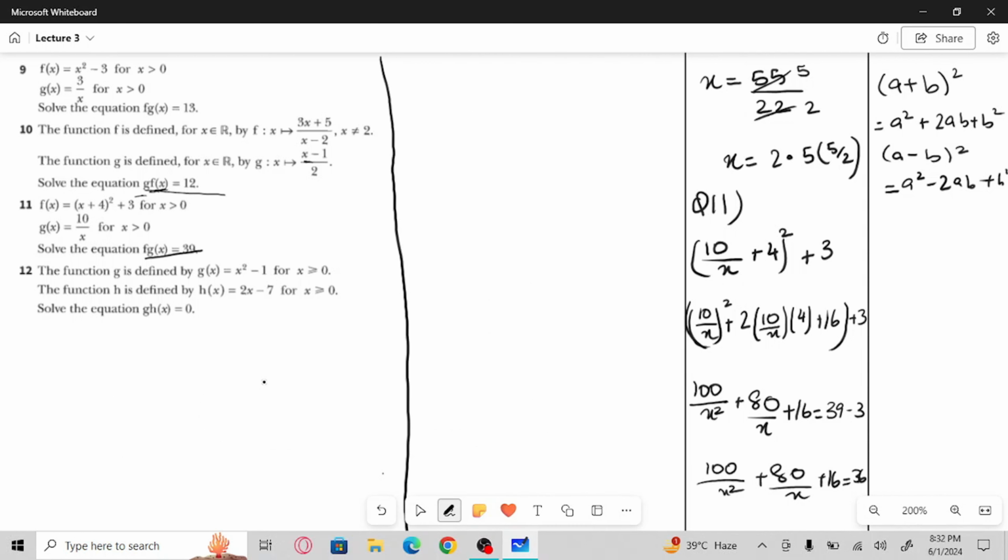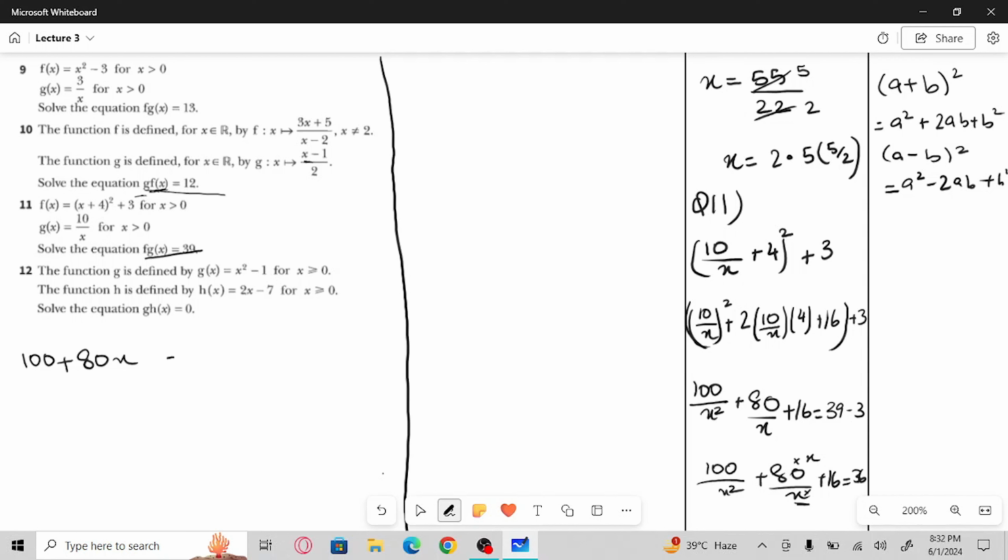So if we just continue this, we have to make a common denominator, and for that we are going to again take an LCM. So for that, 100 plus 80x, because in order to make that denominator x squared, you have to multiply by x, and same with the numerator.